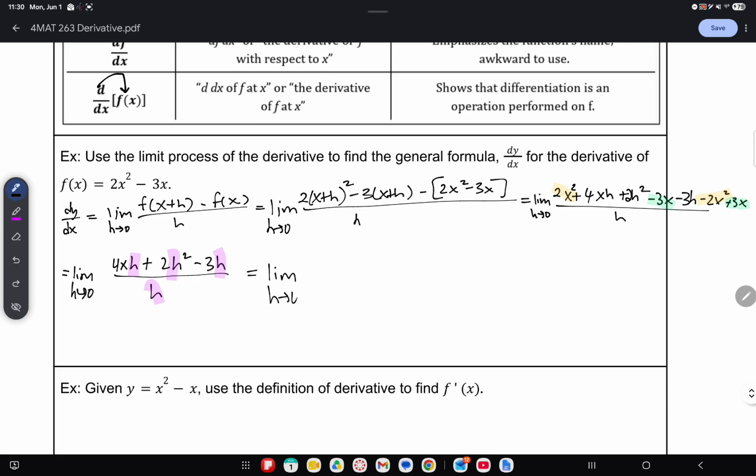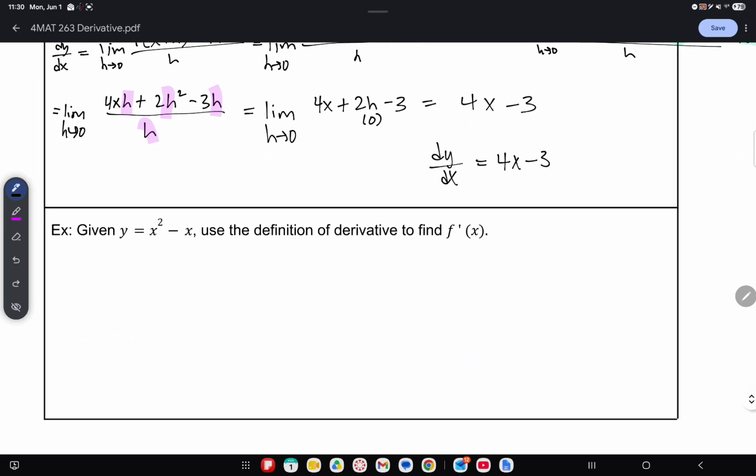So let's factor it out and simplify. So I'm left with 4x plus 2h minus 3. Then I can do a direct substitution of 0 in, and I'm left with 4x minus 3. So there is the derivative. dy dx is 4x minus 3.